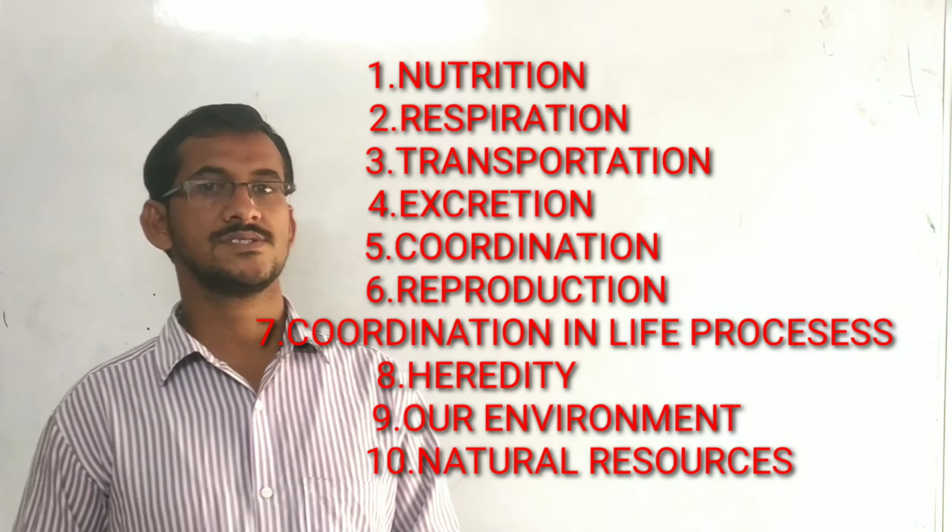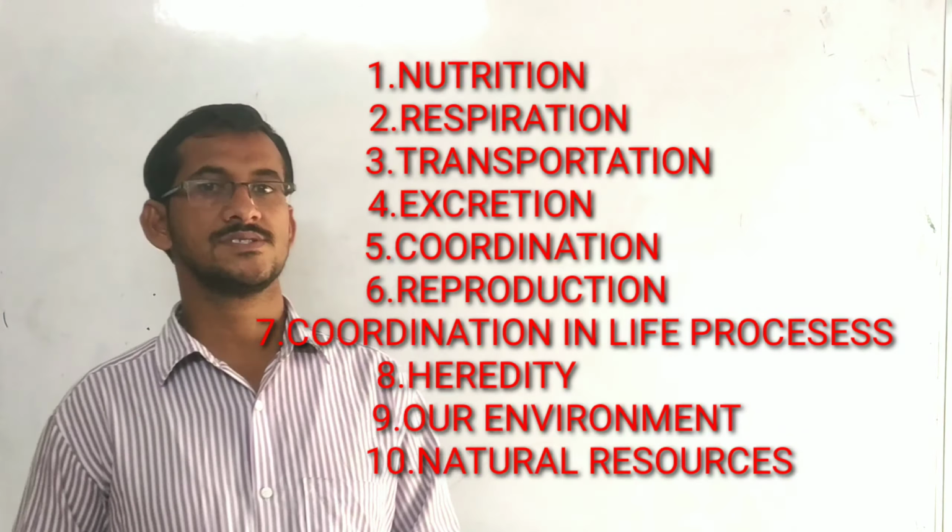The next important topic is vitamin deficiency diseases. That complete chart you need to read, because 1 mark and 2 mark questions can be asked from that chart. Like which vitamin is called the sunshine vitamin? Vitamin D. What does deficiency of thiamine lead to? The answer is beriberi.